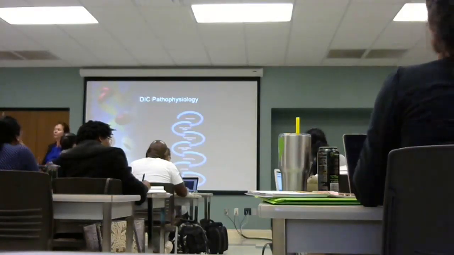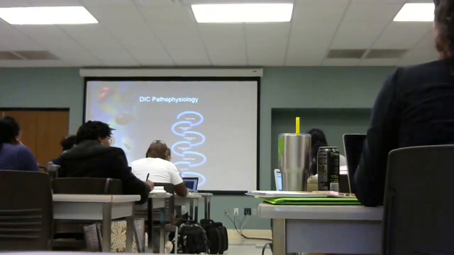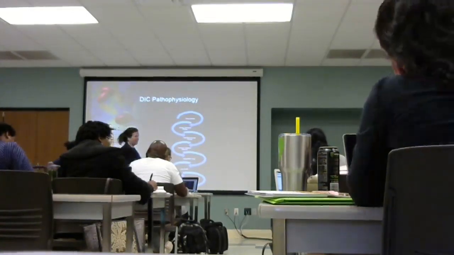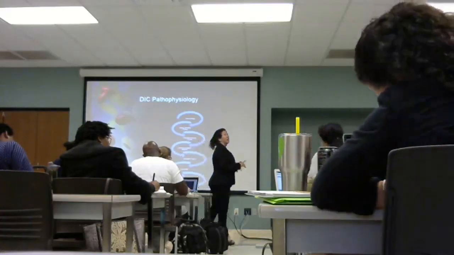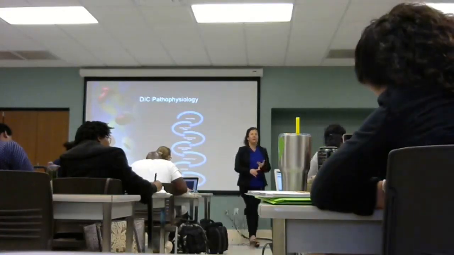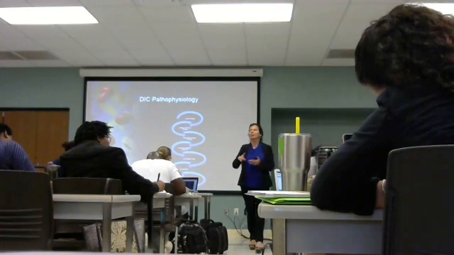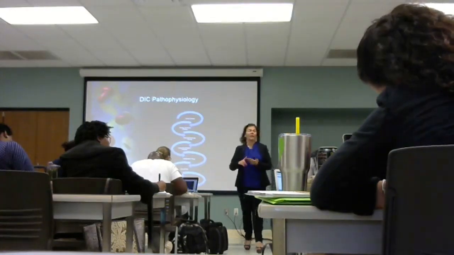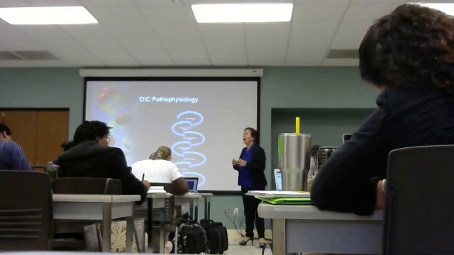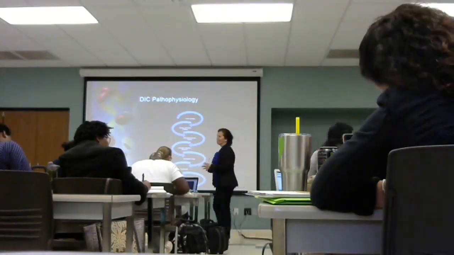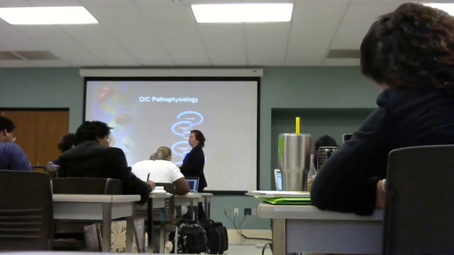So in other words, the laboratory results for disseminated intravascular coagulation will be low platelets, elevation of PT, elevation of INR, elevation of PTT, elevation of D-dimer, but there must be low fibrinogen.